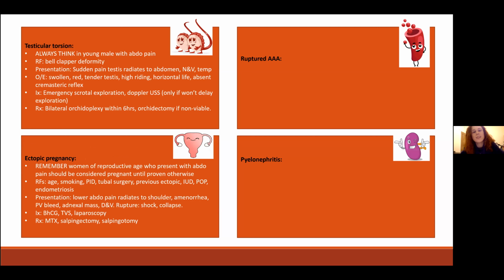Okay, so next is a ruptured abdominal aortic aneurysm. Can anyone tell me how this presents? Ripping abdominal pain, acute onset, radiating to the back or flanks, hypertension, tearing pain between the shoulders, stomach pain, pulsatile mass, hypotension, collapse.